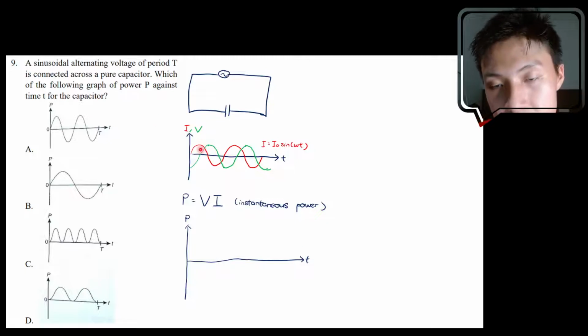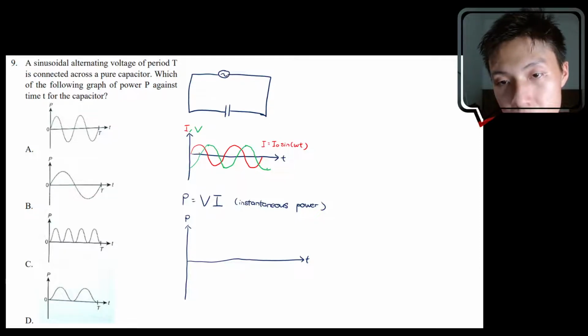Okay, we know that there are a few points which will definitely be zero. Like let's say if the current is at the peak, the voltage is at zero. So because the voltage is at zero, no matter how big your current is, your power will be zero. So as long as you see zero for the green line and you see zero for the red line, those moments will have zero power.